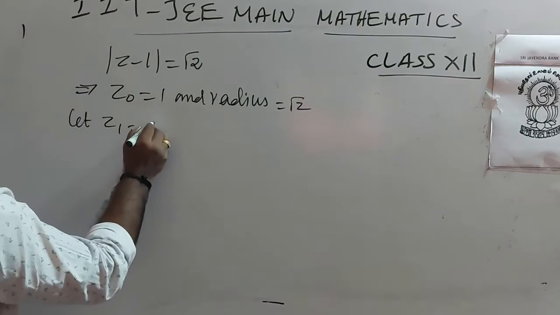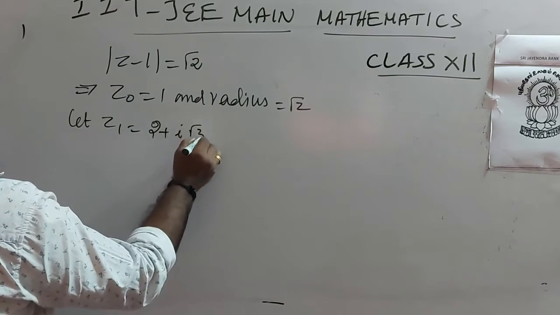Let z1 equal to one of the vertices, that is 2 plus i root 3.